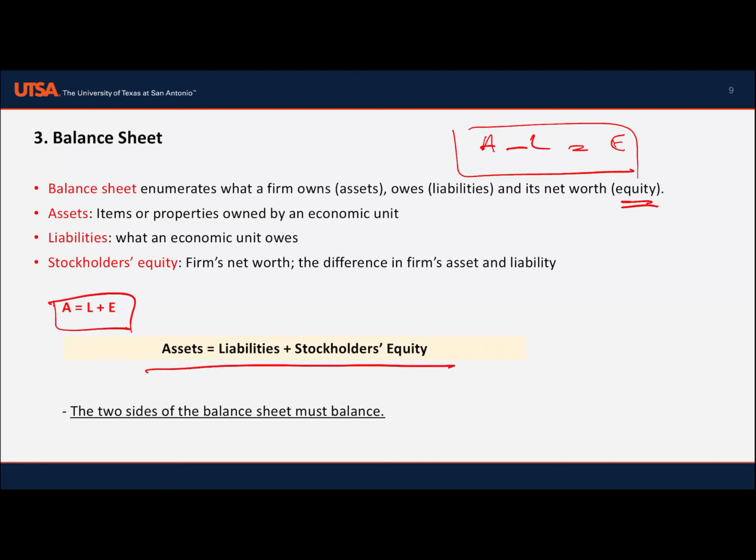The two sides of the balance sheet must be balanced. We have assets, we have liabilities, and equity here. And the total amount of assets should be equal to the total amount of liabilities and equity.